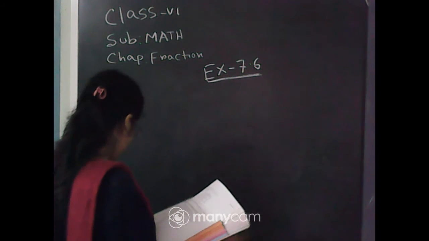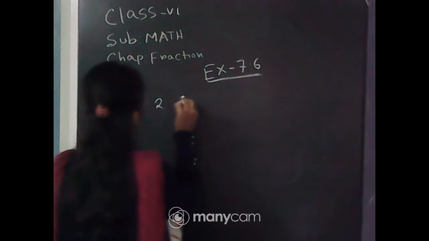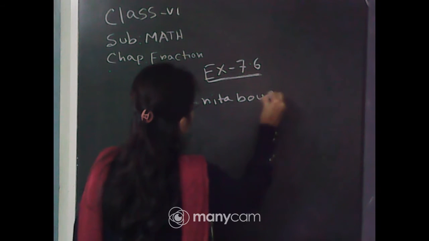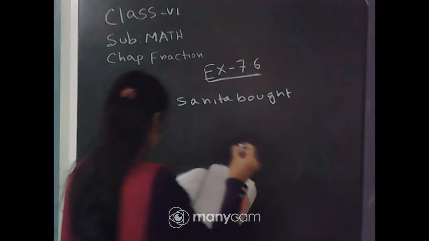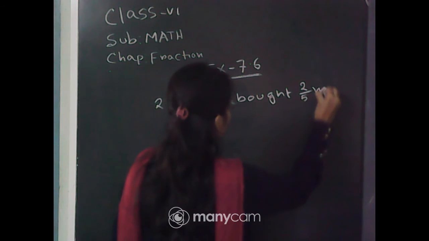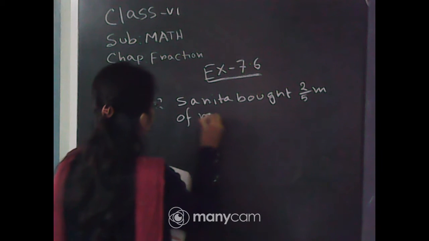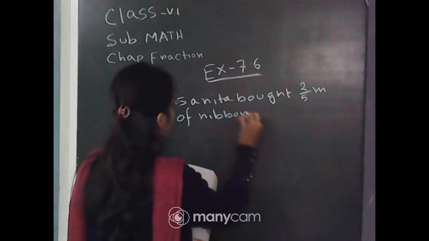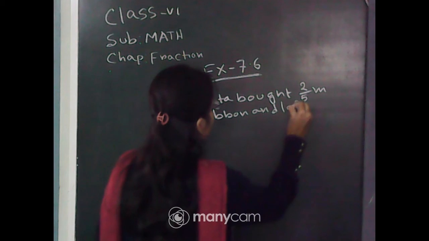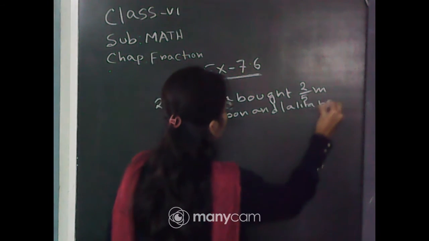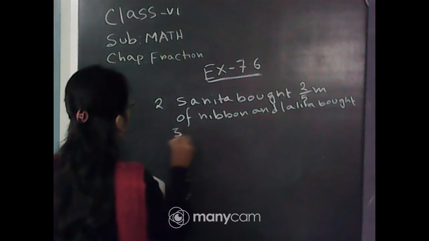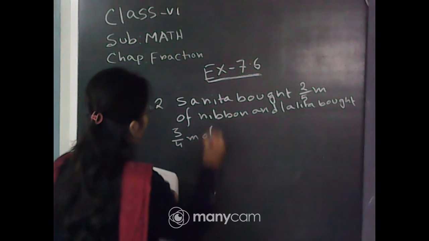Here it is given that Sarita bought 2 by 5 meter of ribbon and Lolita bought 3 by 4 meter of ribbon.